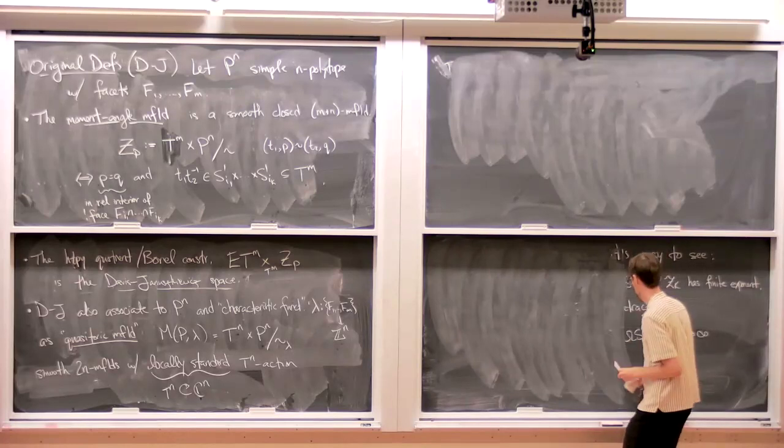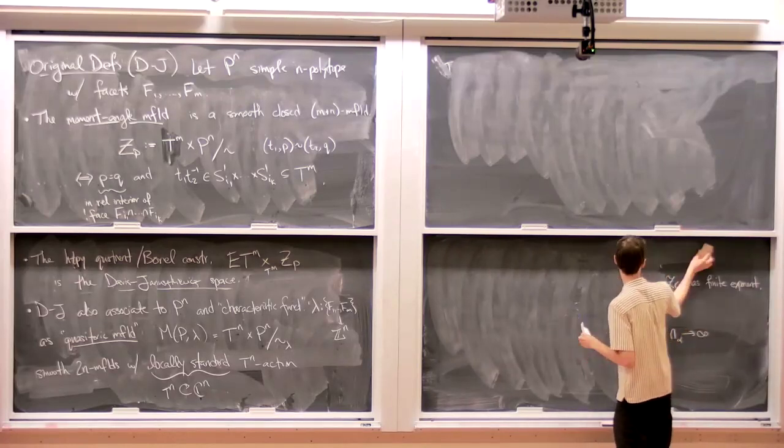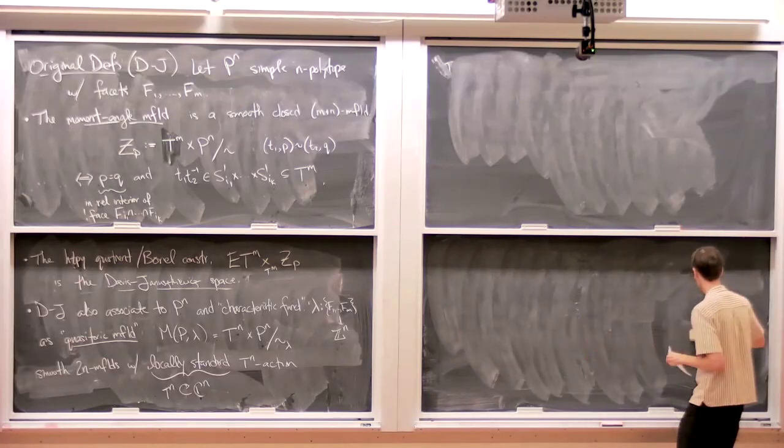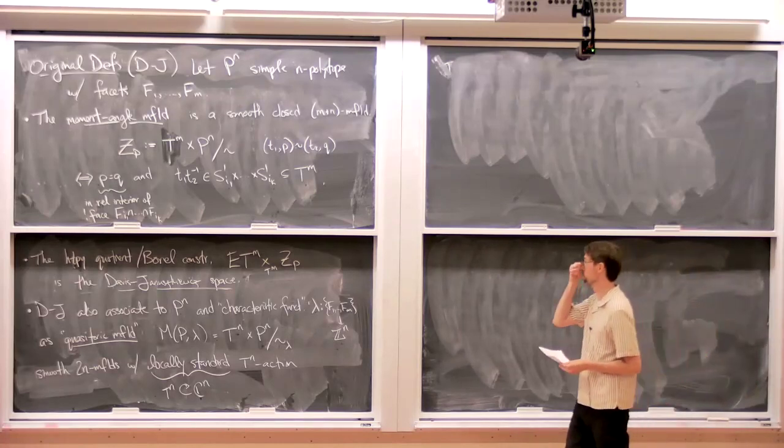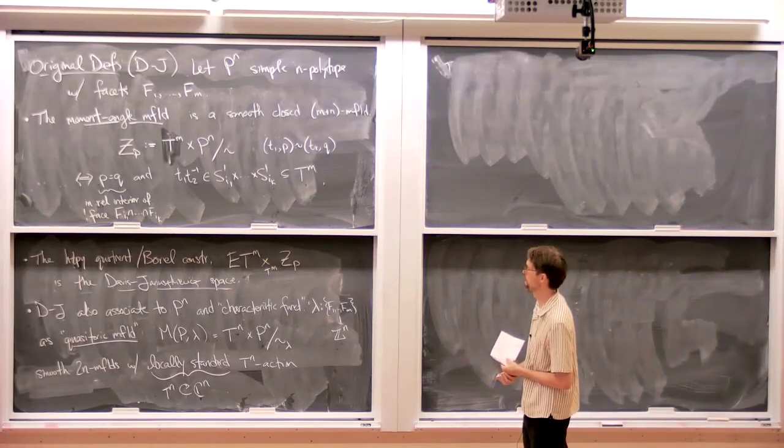Okay, so a minute ago I said something about these quasi-toric manifolds sitting in between the moment angle manifold and the Davis-Januszkiewicz space.